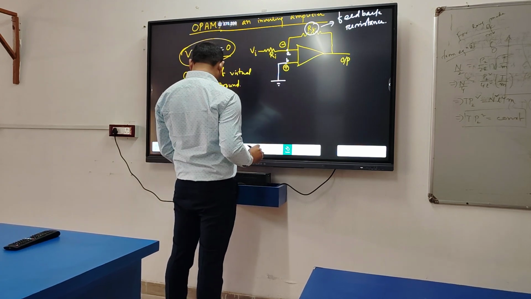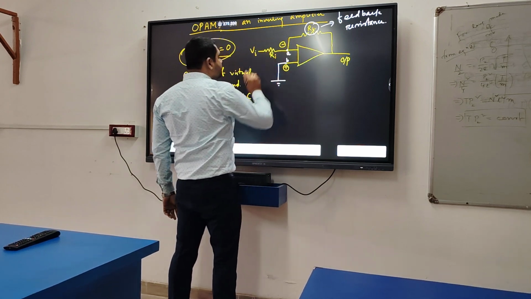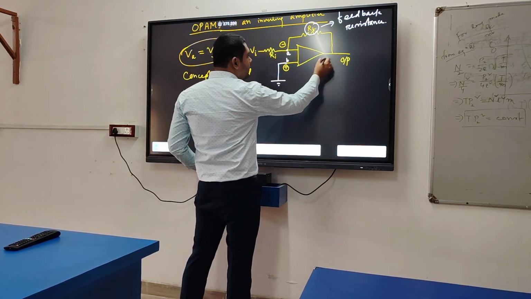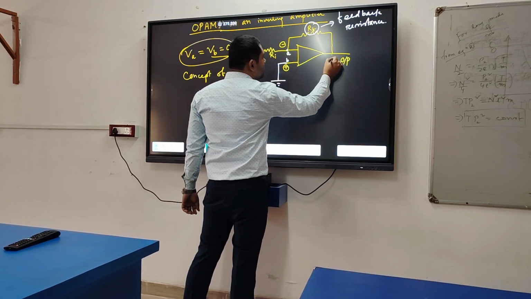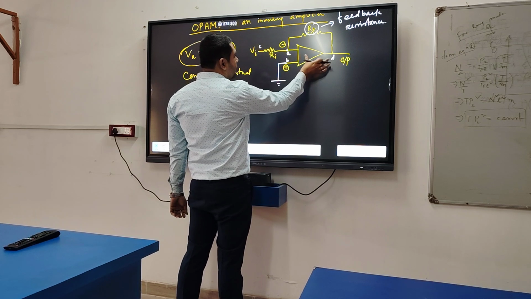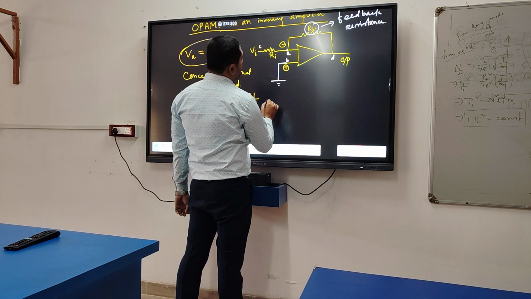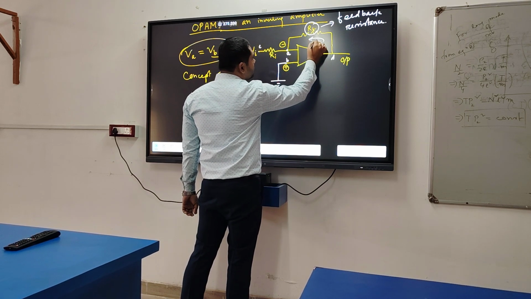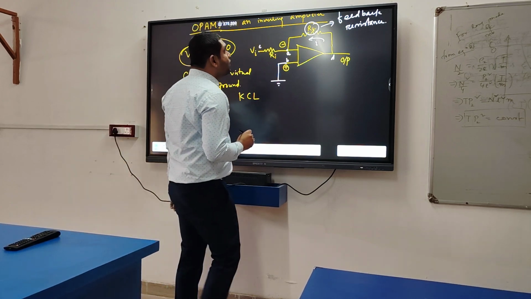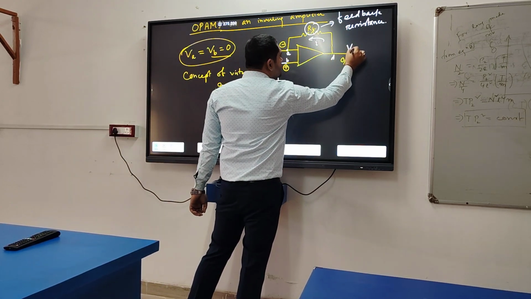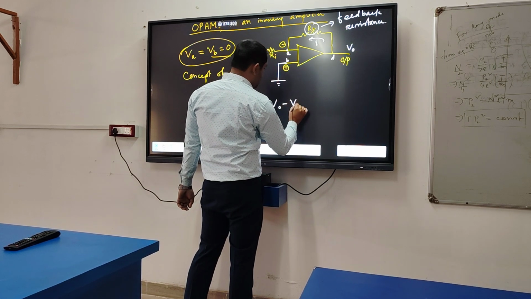So we are going to apply Kirchhoff's current law through this loop. Suppose current I is flowing through it. If the output voltage is V out, then the potential difference across RF will be V out minus VA.